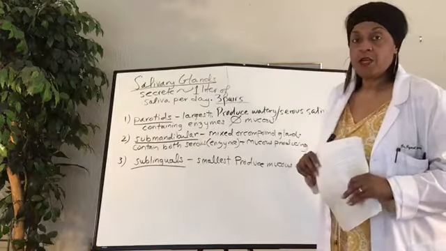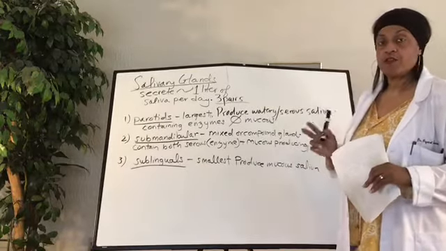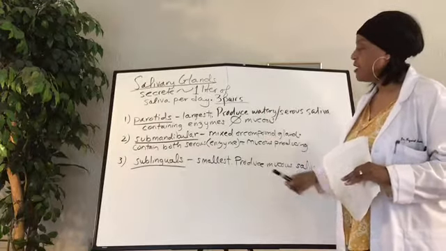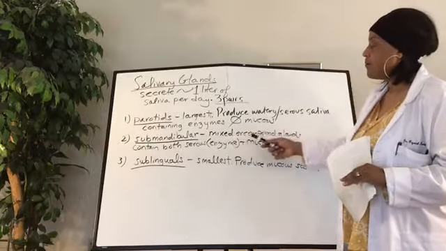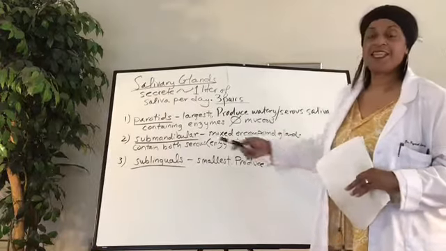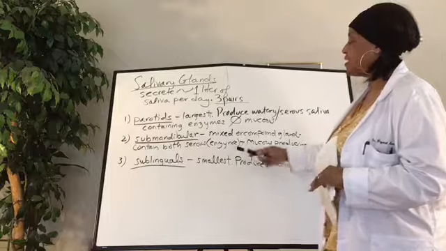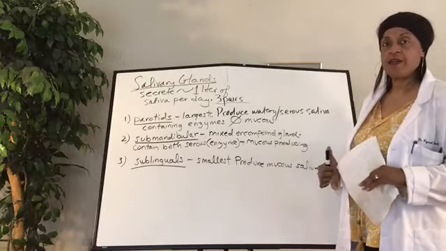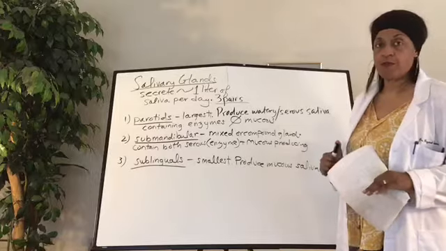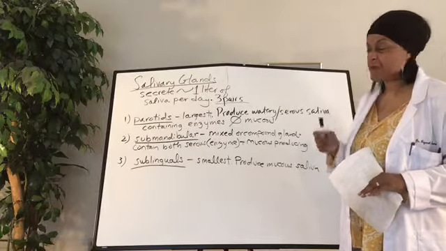The submandibular glands, salivary glands, two of those as well. They're all paired, so remember it's two of each. The submandibular, just below the jawline, is a mixed or compound gland. They contain both serous saliva that has the enzymes in it, and they produce mucus too, so it's a little thicker.